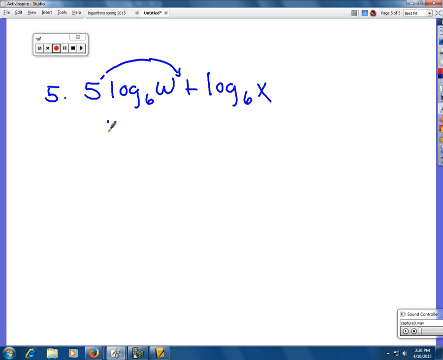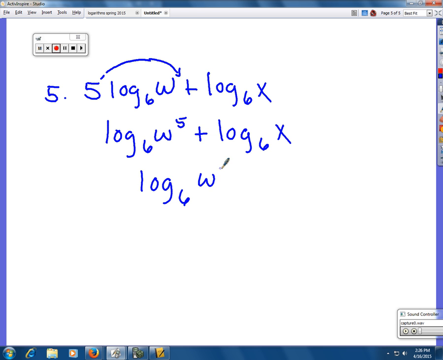So you've got log base 6 of w to the 5th plus log base 6 of x. And now I have the product property, which means I'm multiplying my two arguments, and I have log base 6 of w to the 5th x. And if you wrote x w to the 5th, that's fine also. Okay, that's number 5.